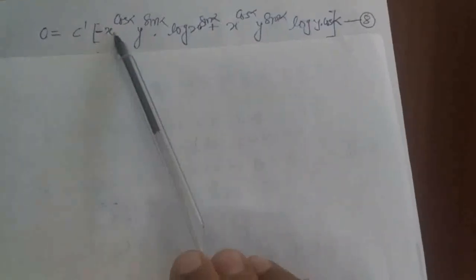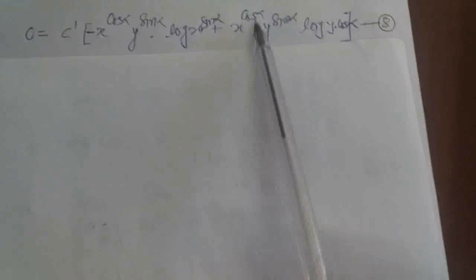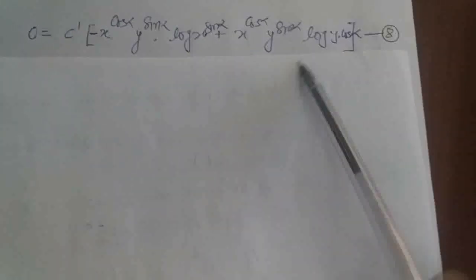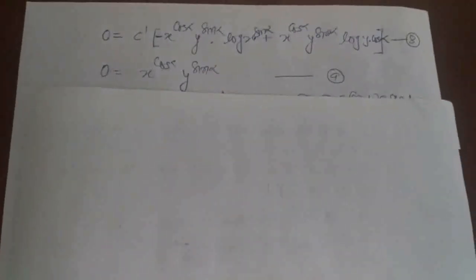The partial derivative of x cos alpha is x power cos alpha log x, and the derivative of cos alpha is minus sin alpha, plus this time x cos alpha multiplied by the derivative of y sin alpha, which is y sin alpha log y, and the derivative of sin alpha is cos alpha. This is with respect to alpha, and similarly with respect to c dash we get 0 equal to the partial derivative of c dash, which is 1, and we get x cos alpha into y sin alpha.